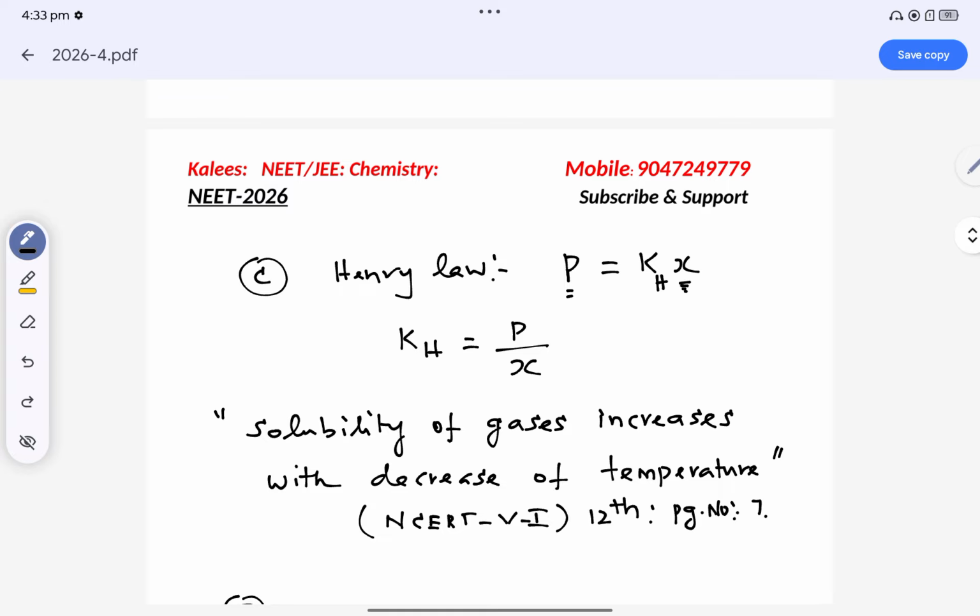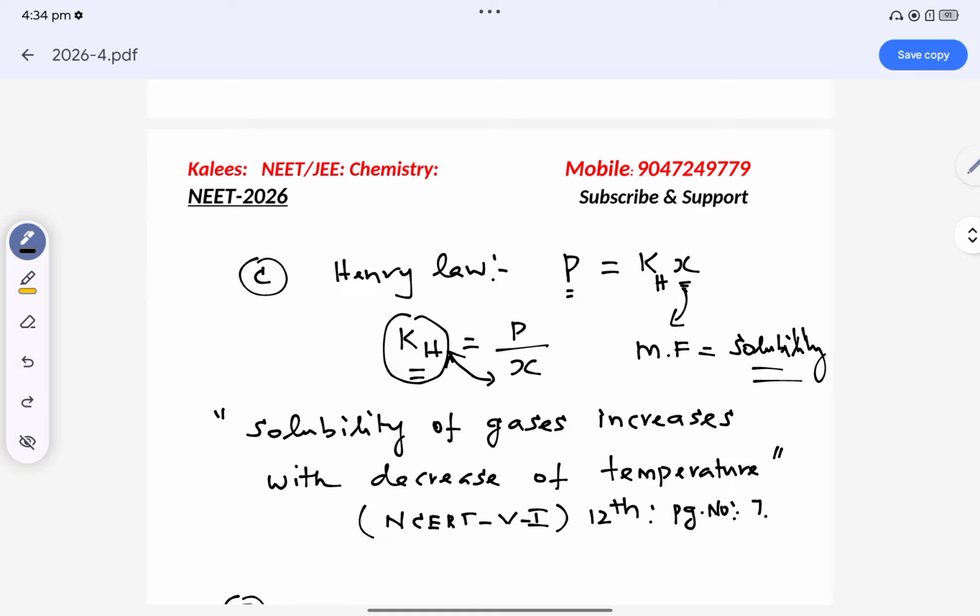Mole fraction can be taken as solubility. So KH is called the Henry's law constant. It has an inverse relationship with the solubility.